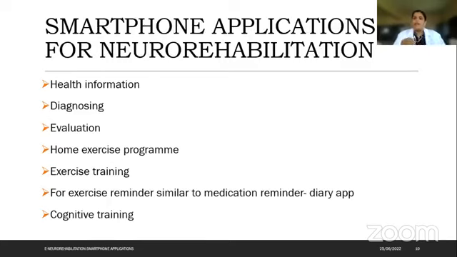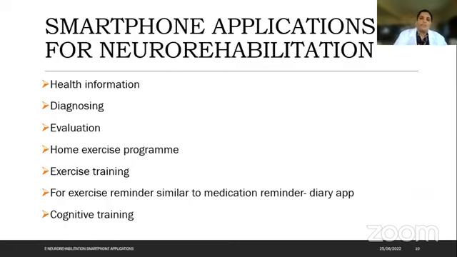Then you have evaluation based apps, where outcome measures can be performed in the form of a questionnaire. Then you have applications that give already uploaded videos of the exercises that need to be performed.